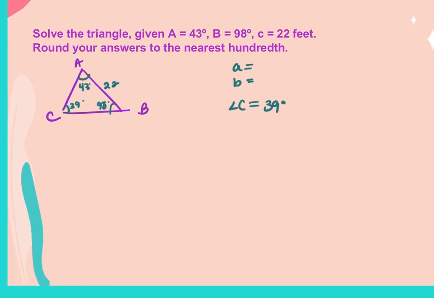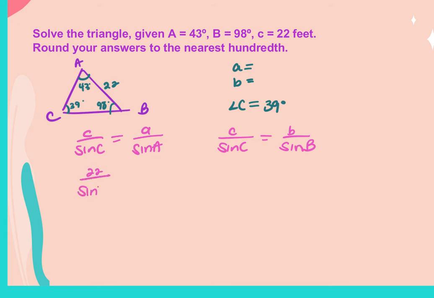So now I'm using C over sine of C each time. C over sine of C equals A over sine of A, and C over sine of C equals B over sine of B. So C is 22 over the sine of 39 equals A over the sine of 43. Cross multiply and divide.